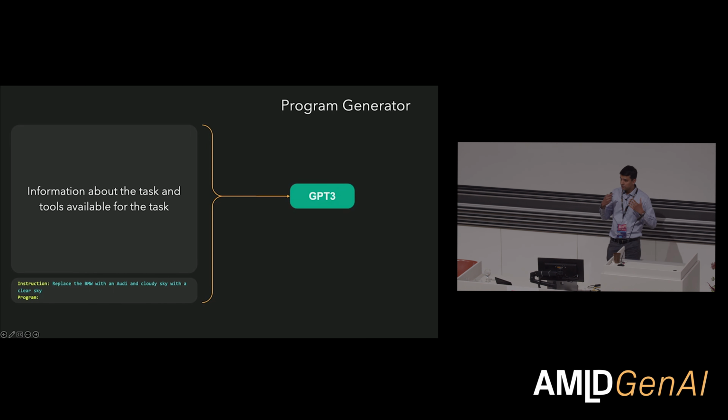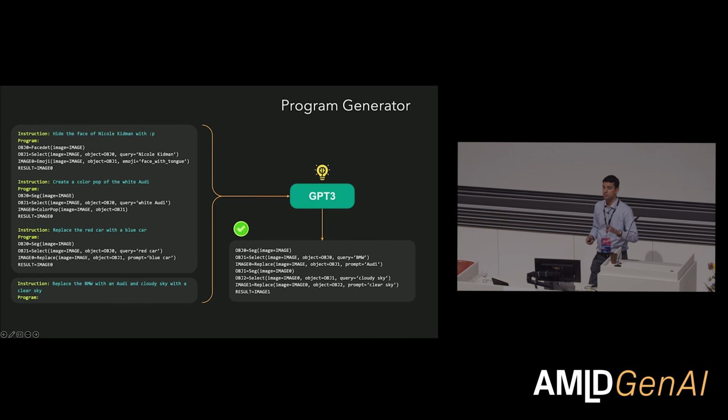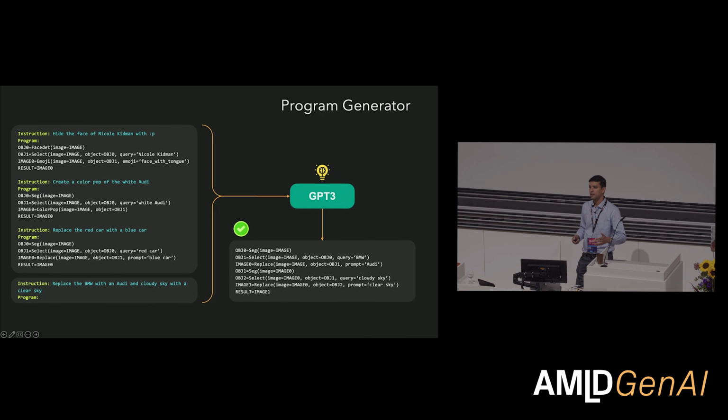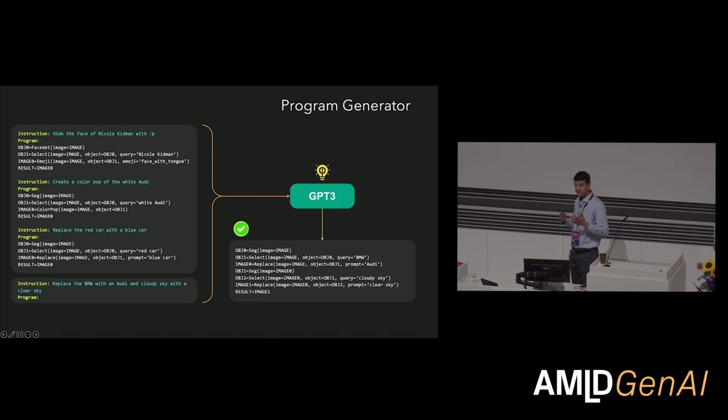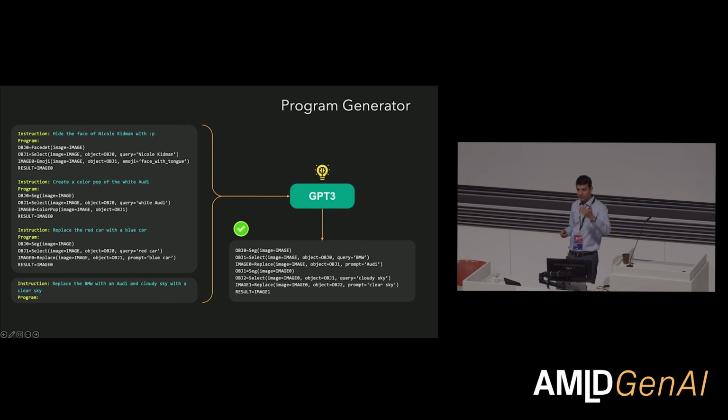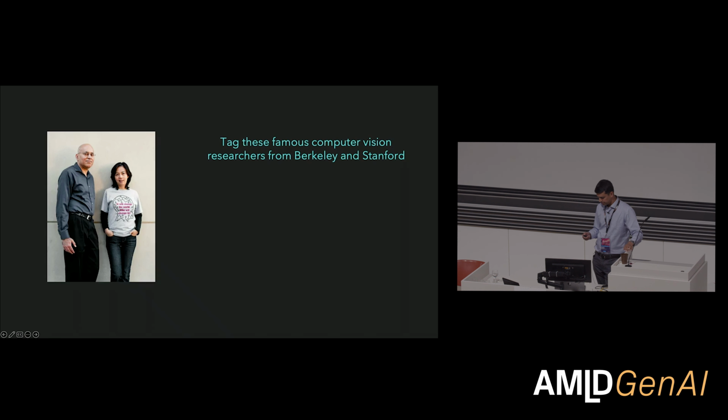It doesn't know the context of your task. It doesn't know the modules that you currently support. And so one way to address that is to provide some in-context examples. And as we know, this works exceedingly well. And so the minute you provide some examples of what you're trying to do, these language models can produce code that you can use in order to process your images.